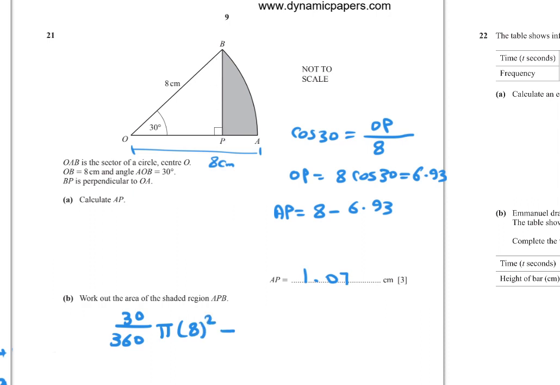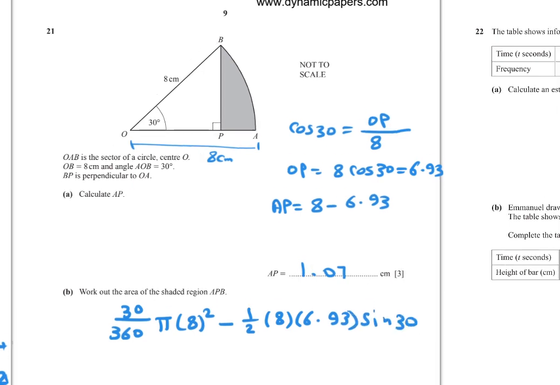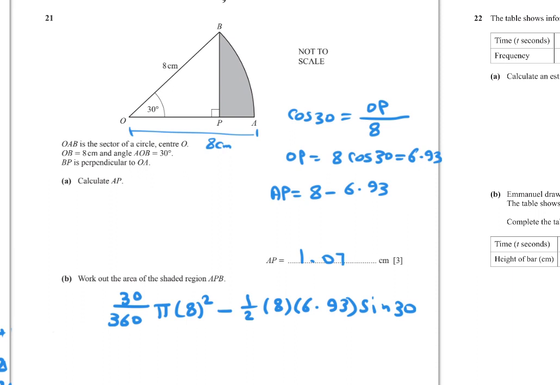Area of triangle, we have OB, which is 6.93, and we have OB, which is 8 centimeters, and we have the angle between them, so two sides and included angle, so half times 8 centimeters times 6.93 times sine of 30 equals 2.90 to 3 significant figures, centimeters squared.